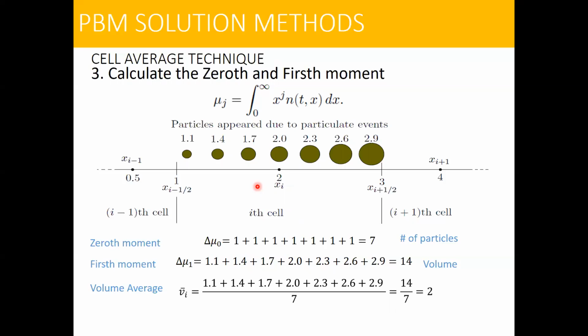As an example, let's consider those particles in a cell x. If we replace the superscript j by 0, then we have the integral of the function n, which is the total number of particles. If we replace j by 1, it becomes the integral of x times n, and we get the total volume.